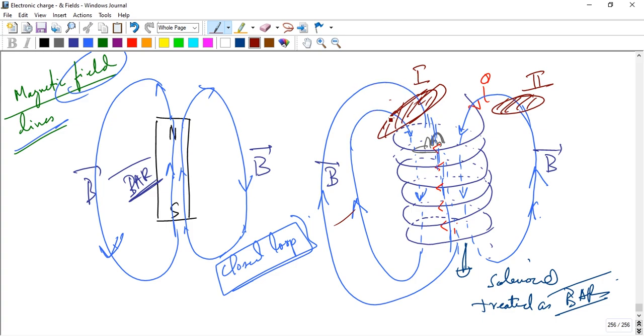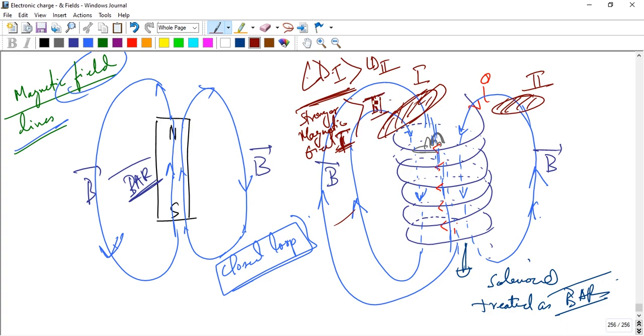So the field line density of region 1 is greater than that of region 2, because two lines cross region 1, so suppose 2 by A versus 1 by A, a ratio of 2 to 1. If line density is more, the magnetic field is obviously stronger. So region 1 has the stronger magnetic field, and region 2 has the weaker magnetic field.